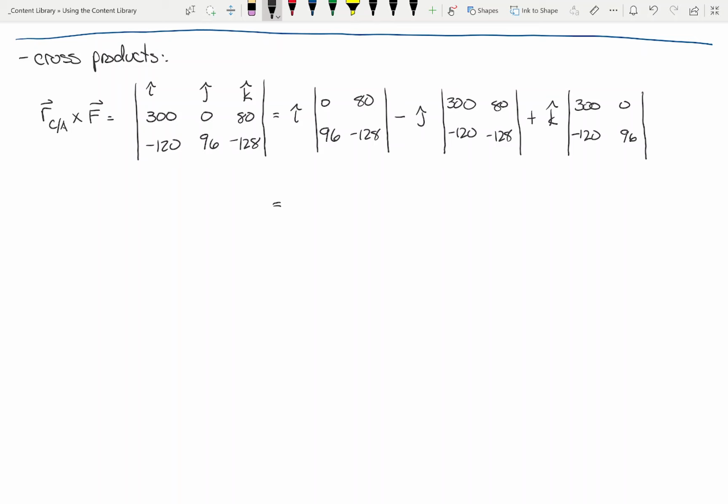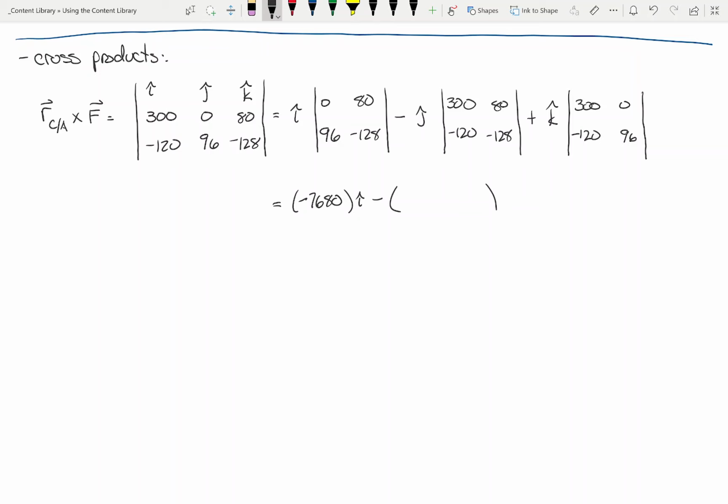So what's 80 times 96? So this is going to be negative 7680i. Okay. Minus. This one's going to take a little bit of work, so I'll help you with this one.